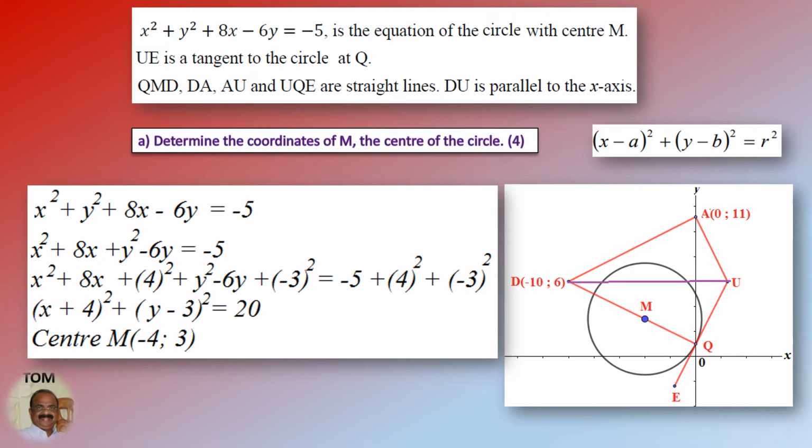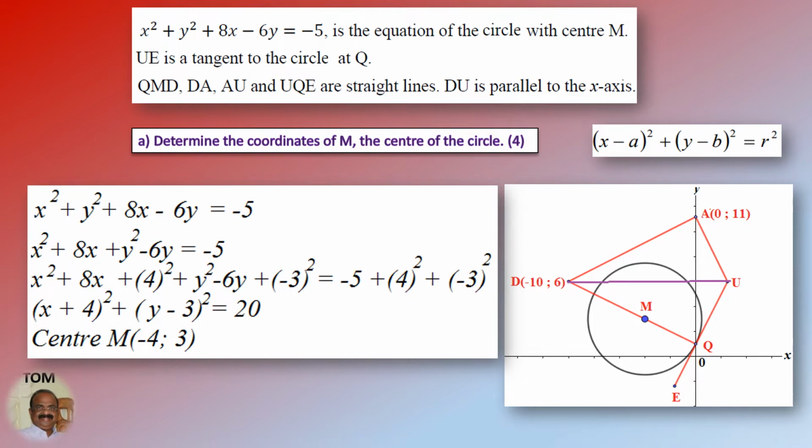How do we get 4 square? Half of 8 is 4. We take the square of that number 4. So we have an additional number now, 4 square. But we make sure that we add the same number on the other side of the equation so that the equation is valid.